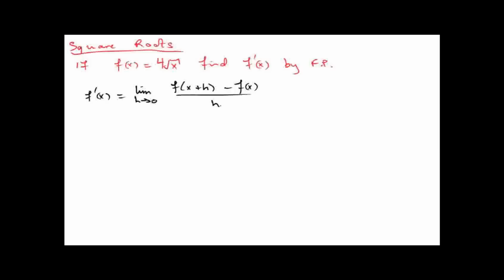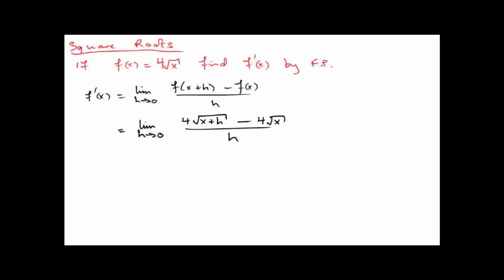All happy? So that's going to be the limit as h approaches 0 of 4 multiplied by, what's f of x plus h? Root x plus h minus 4 root x all divided by h.